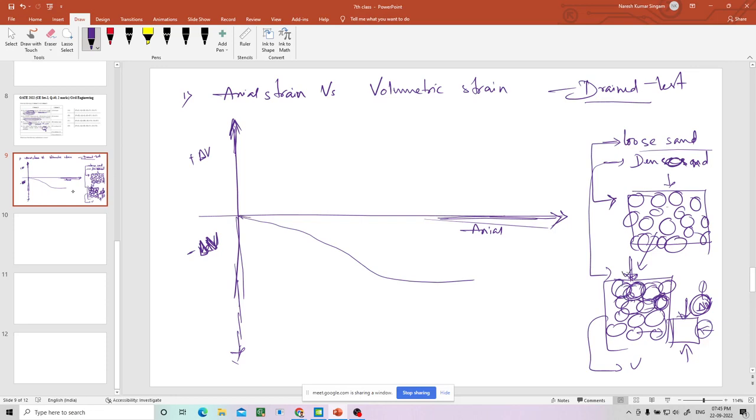For a small axial strain it might decrease, but later it will again increase. So this one is loose sand and this one is dense sand. Here volume is increasing for dense sand, here it is decreasing.